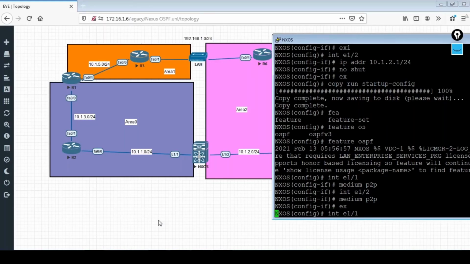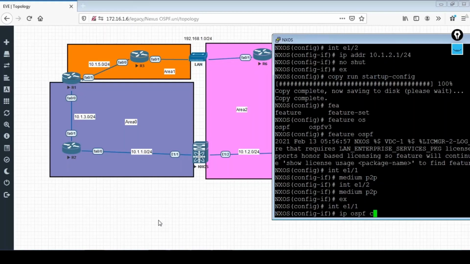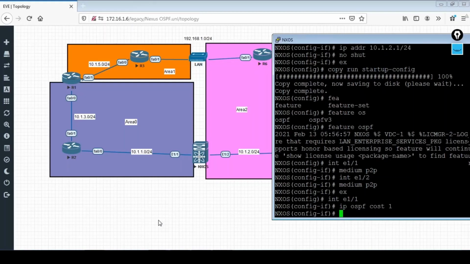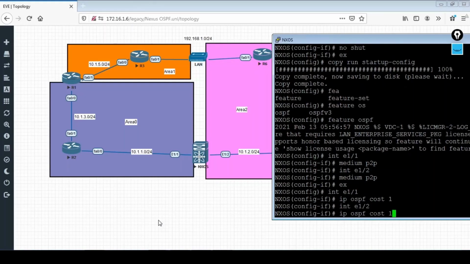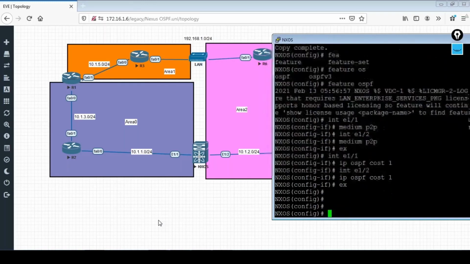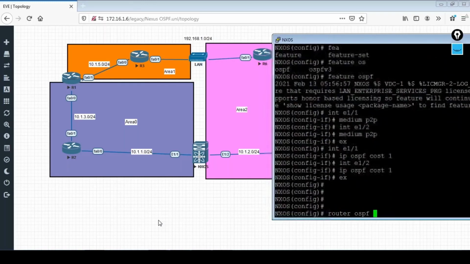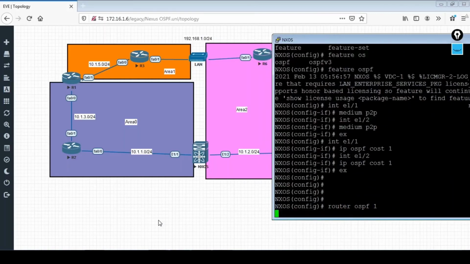I could have also set the cost, IP OSPF cost. I wish it to be 1. Cost is 1. Router OSPF, let's just go with 1 here right now. The router ID, let's fix it as 0.0.0.1.